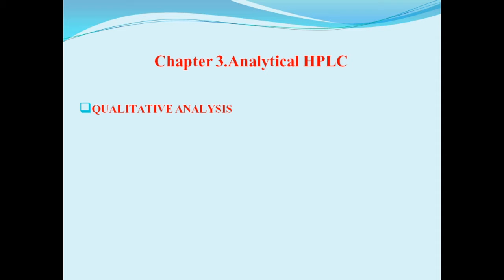If one or several components in the sample mixture are presumed, then a comparison of small k values, that is retention factor values of a reference and sample under identical chromatographic conditions, is the easiest means of analysis.